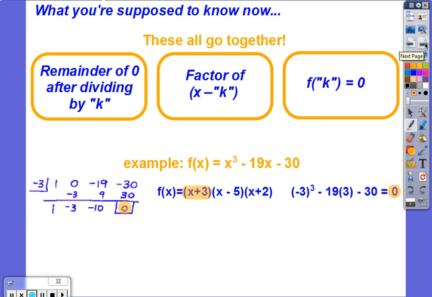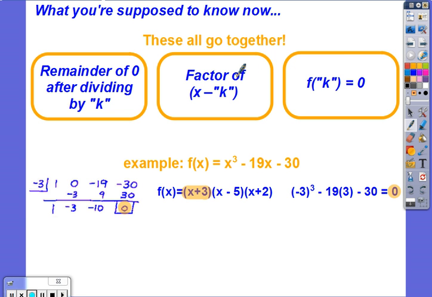All right. So just to make sure that you learned something, here's what I was hoping you'd get out of this lesson. The remainder of 0 when you divide by a number, the factor, and the function equaling 0, those all go together. And you sort of knew that before, right? Y values of 0, x-intercepts, zeros, roots. They have no remainder because they divide out evenly.